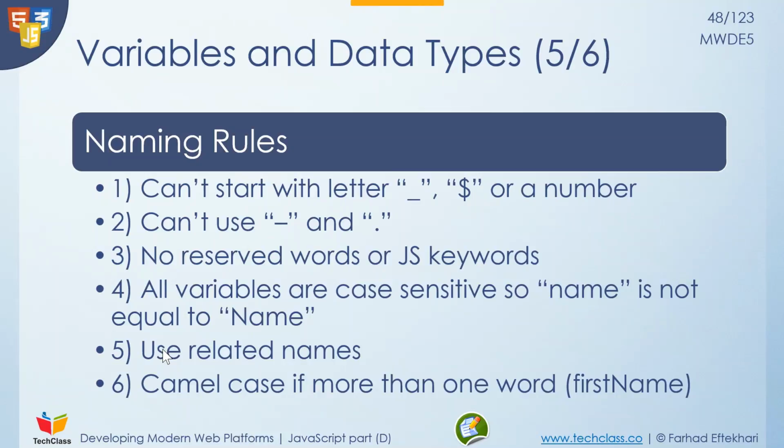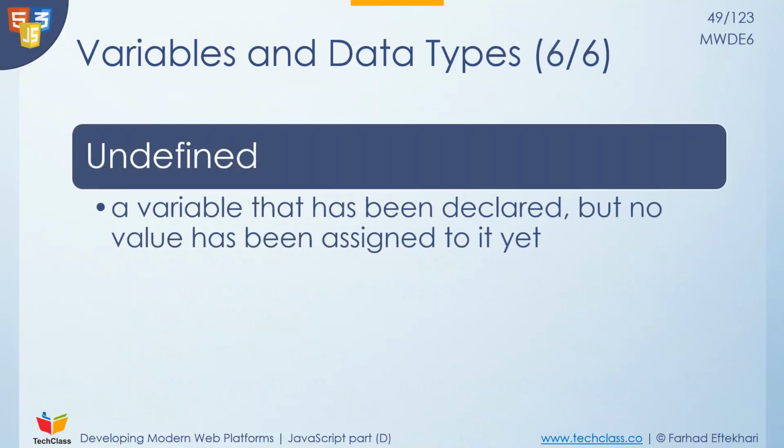Make sure that you're using related and proper names for your variables. Later on in your programming and your code, it's going to be much easier to read. And use camel case if your variable is more than one word. For instance, if you want to assign one variable name first name, F could be lowercase and then N could be uppercase, just to make it a bit easier to read.